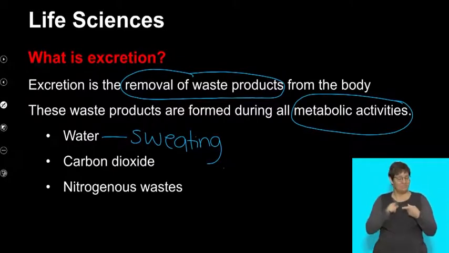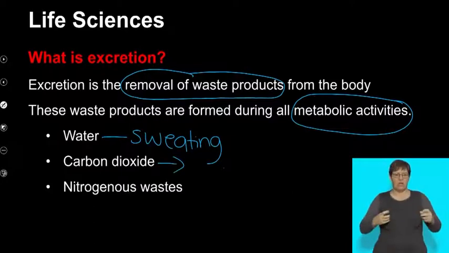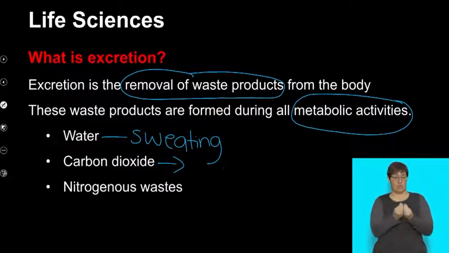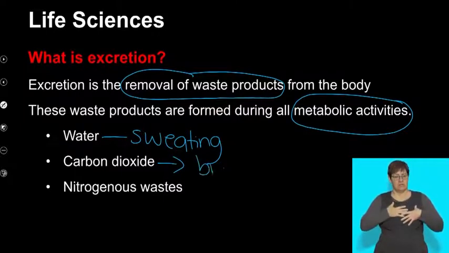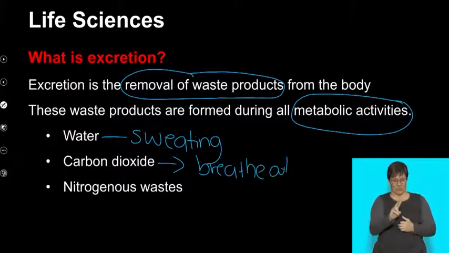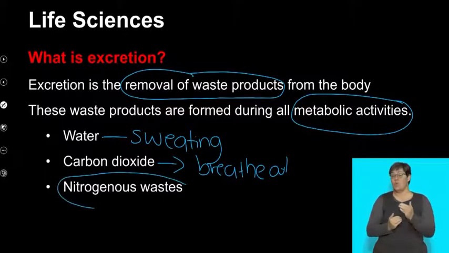That comes from muscles moving, from us doing exercise. Carbon dioxide is a byproduct of cellular respiration, and we breathe out carbon dioxide. That is also a metabolic waste. And then the new concept we looked at was nitrogenous waste.